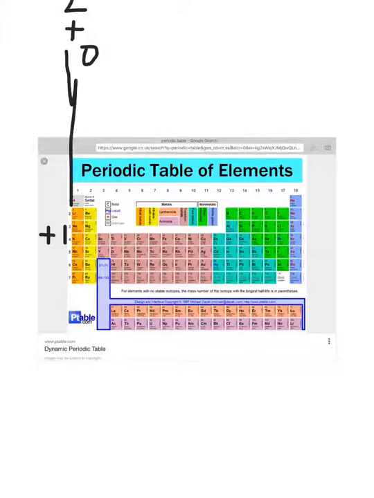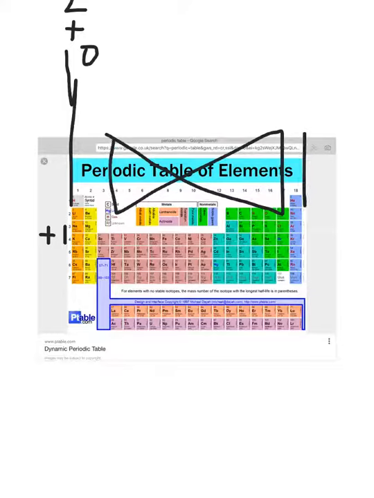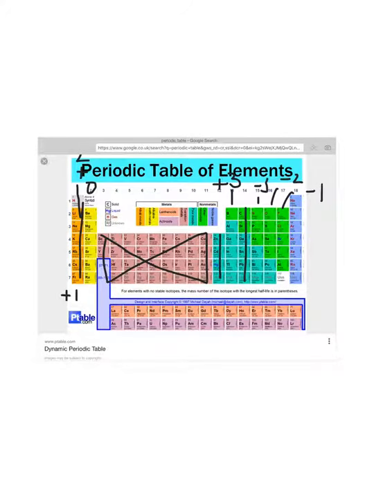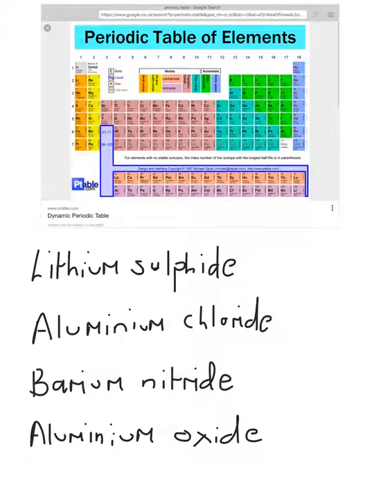The transition metals we won't worry about for the time being. We'll come back to those. Those in group 3 form +3 ions. Group 4 we're not going to worry about. Group 5 form -3, and then we go down, group 6 -2 and group 7 -1 ions.